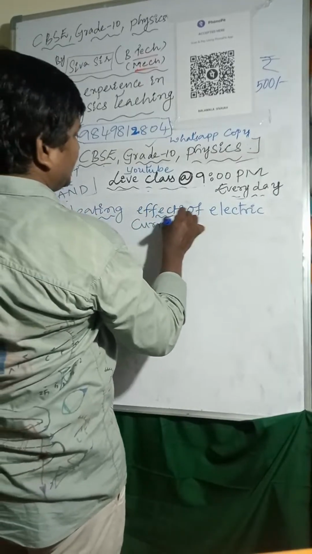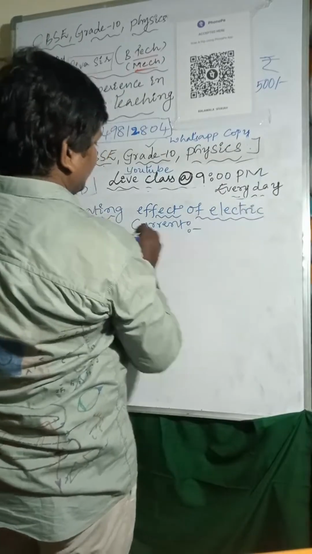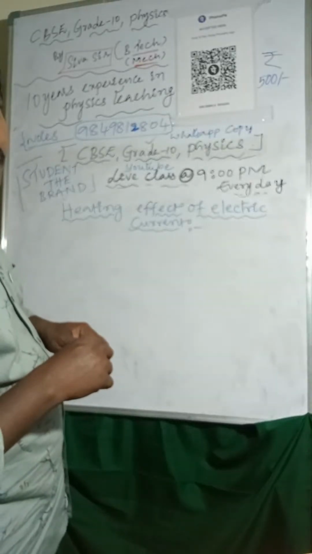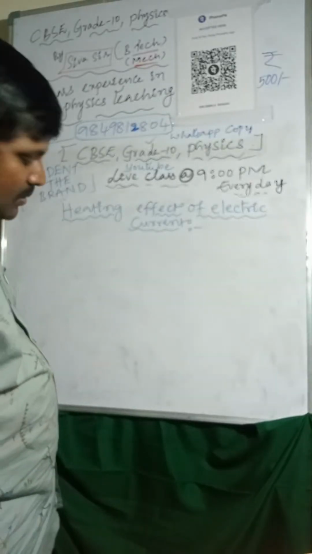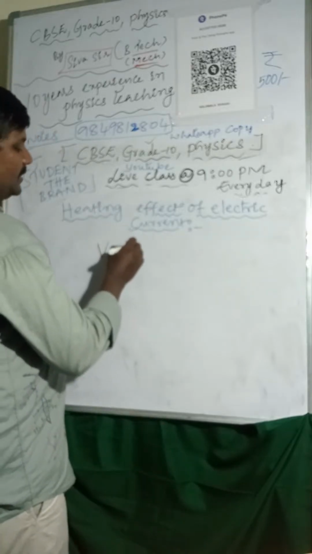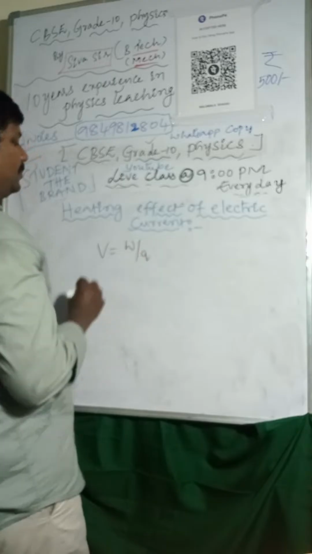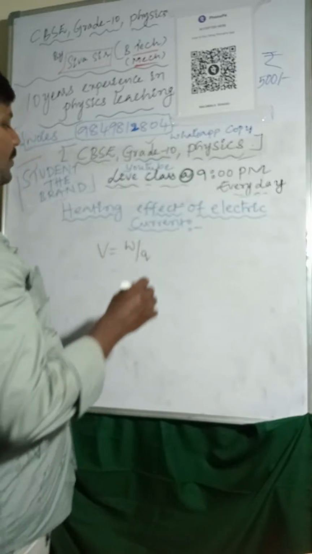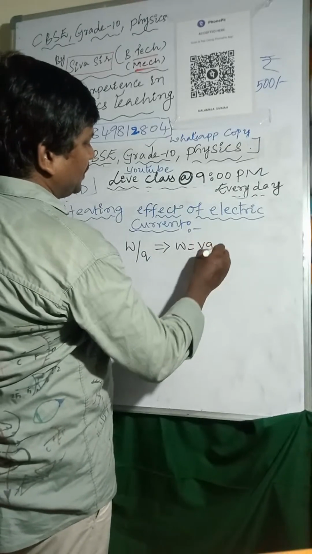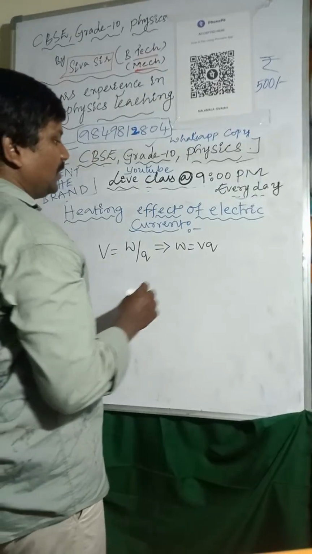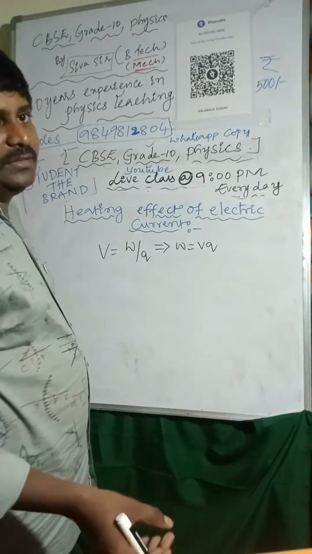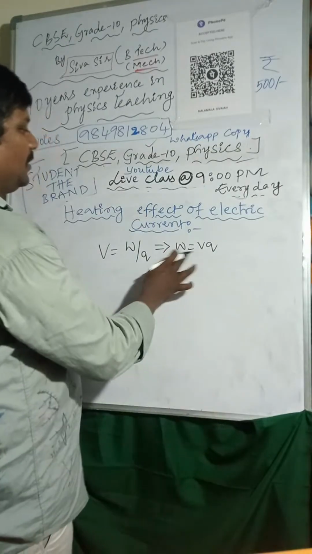We know potential difference is equal to W by Q. So W equals V into Q. The work we are doing is nothing but the potential difference applied on charge. So W equals VQ.